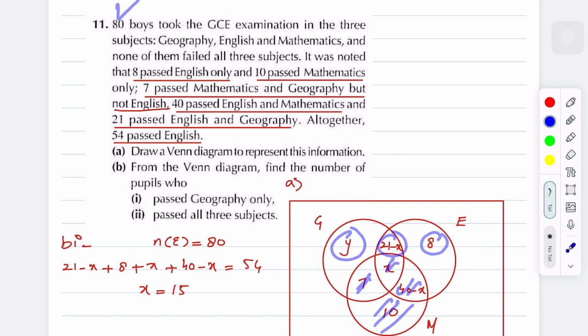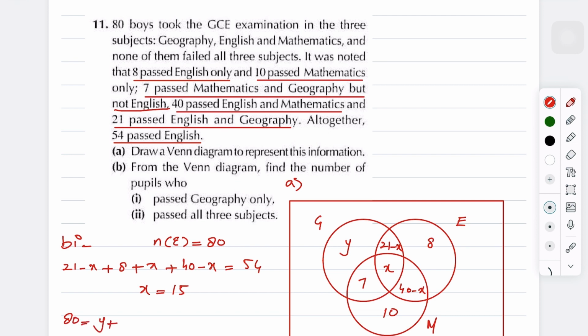You will add all of these values and then you will put them equal to 80. So I'm going to write all of these. 80 is equal to y plus 21 minus x will give you 6 plus 8, the value of x is 15, so I'm writing 15 plus 7, 40 minus 15 is 25 plus 10.